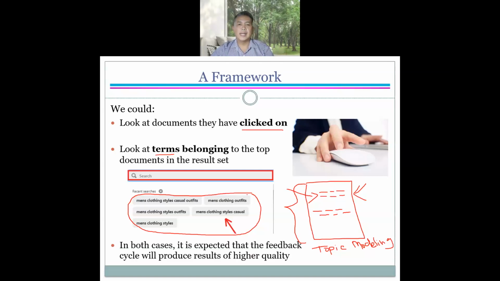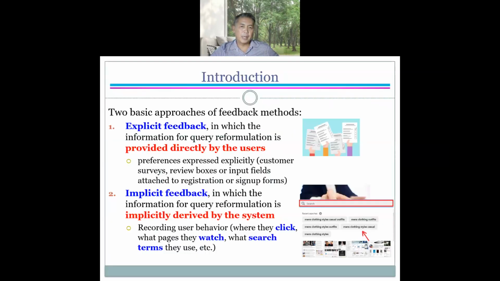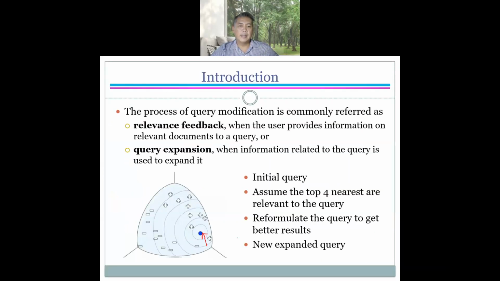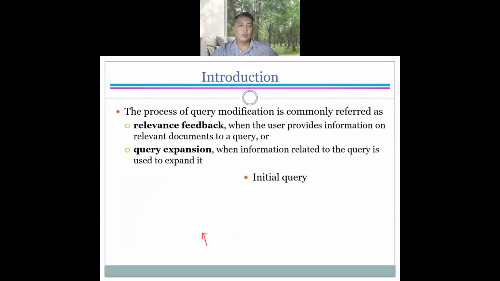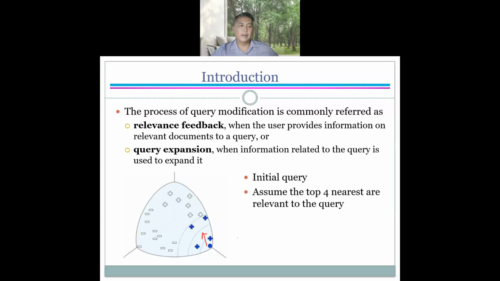In both cases, it is expected that the feedback cycle will produce results of higher quality, meaning that whenever you expand from one keyword to the expanded keyword, it is expected that you get better results or higher quality because of this concept. When we modify the query, it will move nearer to the positive one.